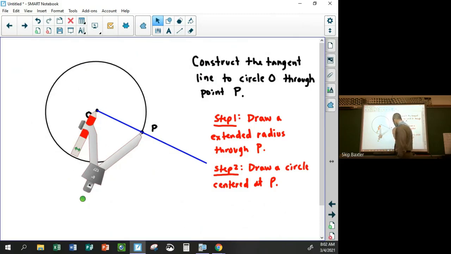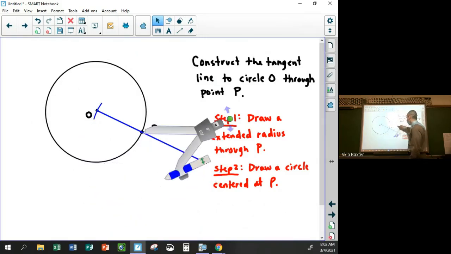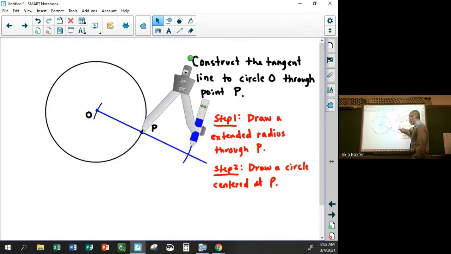I'm just going to make, you could make a whole circle, or you could just make an arc. Like I could just make a little piece of it here, and then a little piece of it over here. That's really all I need, those two markings.